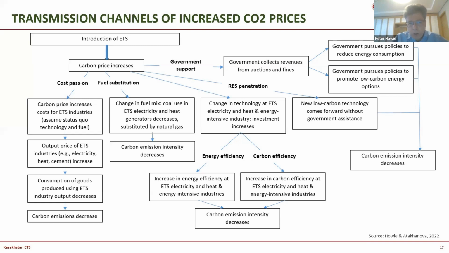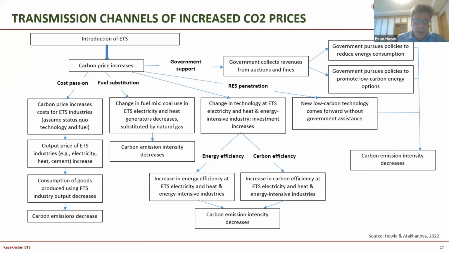Now, government support relies on revenues collected by auctions and fines. These revenues can be plowed back either to pursue energy reduction policies or to promote low carbon energy options through subsidies. And again, that can reduce carbon intensity. So we developed this typology, and we assessed several of these with respect to Kazakhstan.